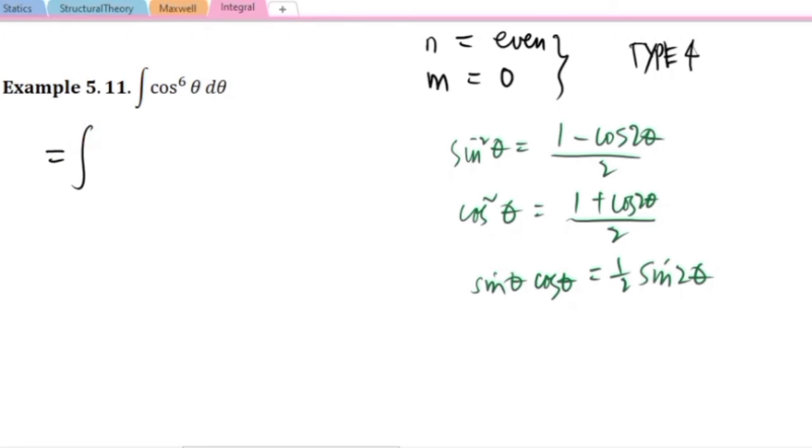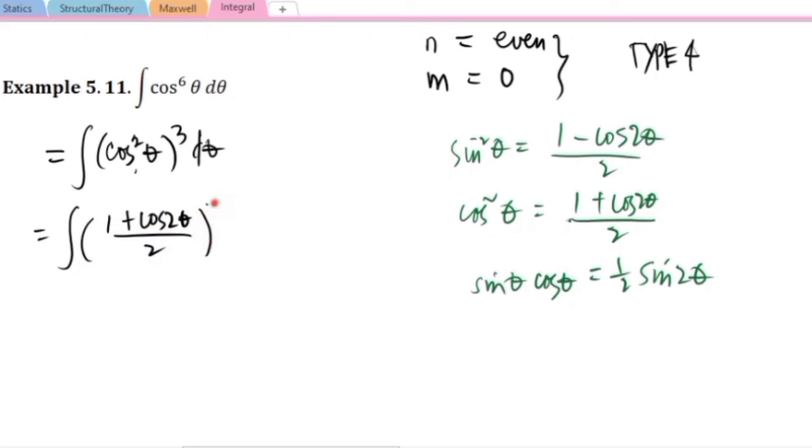So we would have integral of cosine squared theta raised to 3 d theta. And this cosine squared theta ay gagamitan natin ng power reducing formula. So we have here the integral of 1 plus cosine 2 theta over 2 raised to 3 d theta. And 1/2 raised to 3, so that's 1/8.